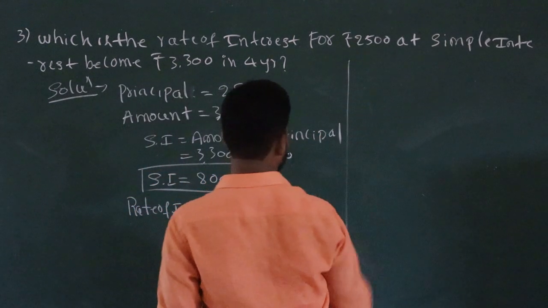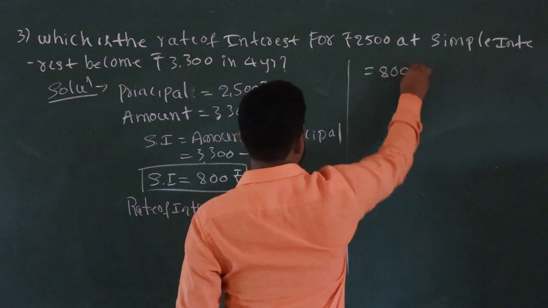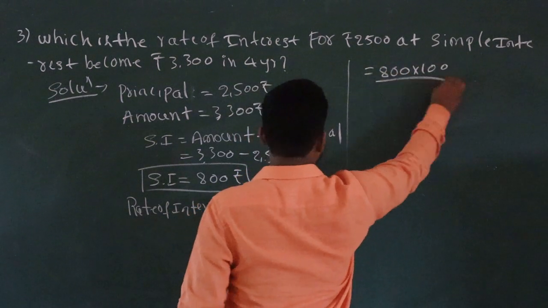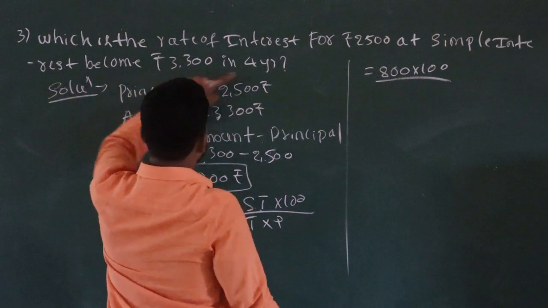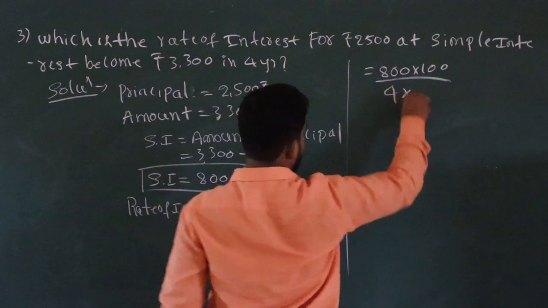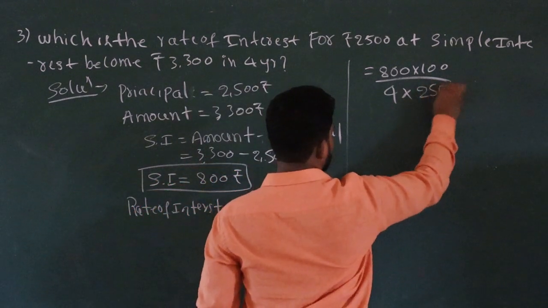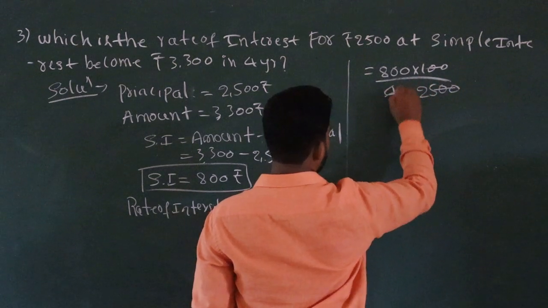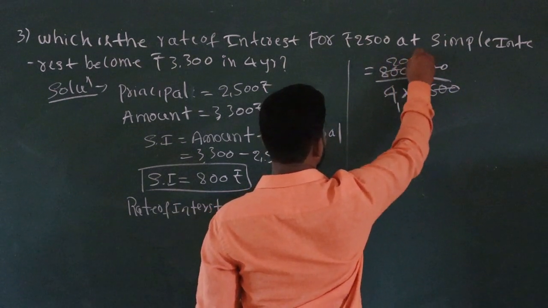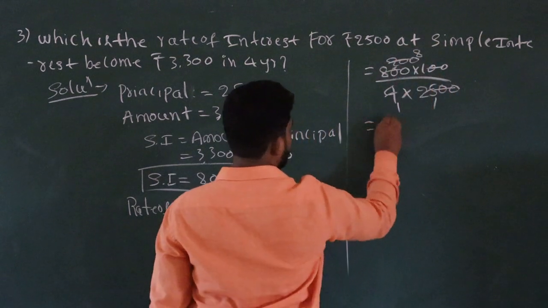Now what is the simple interest we got here? 800 into 100 divided by, what is the time we got here? 4 years into principal is equal to 2500. 2500, 100 by 4 is 25, 25 eights are 200, 25 divided by 25 is 8.